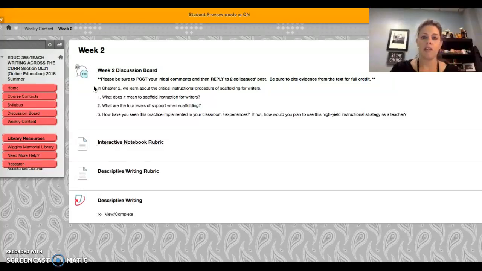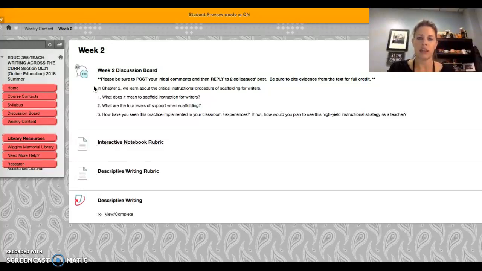Those 12 strategies to develop strategic writers include elaborating, evaluating, formatting, generating, monitoring, narrowing, organizing, proofreading, questioning, rereading, revising, and setting goals. Those are found on page 34 of your textbook. This gives you a really nice figure, a quick snapshot of those 12 strategies.